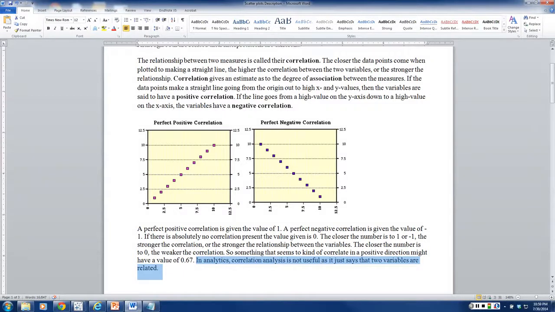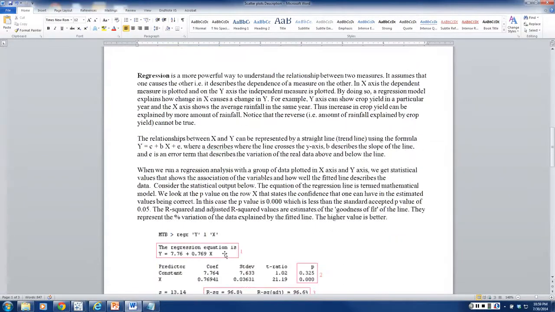So now we are going to focus on regression, and regression is much more than just how two variables are related. Regression focuses more on understanding the relationship between two measures or variables, and the key word here is dependence. That is, how much one variable is dependent on other. If you're able to find that in a lot of measures in business, then it makes a lot of sense.